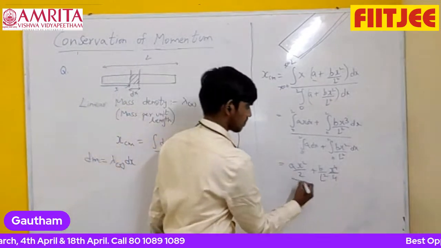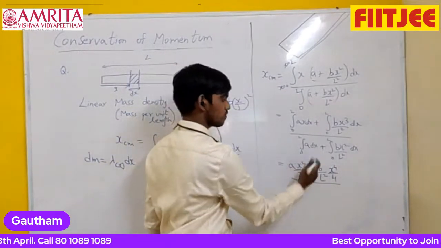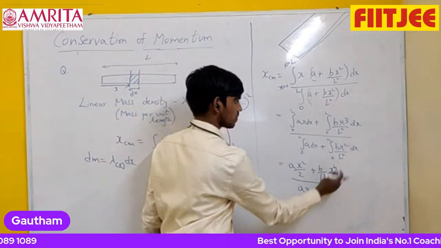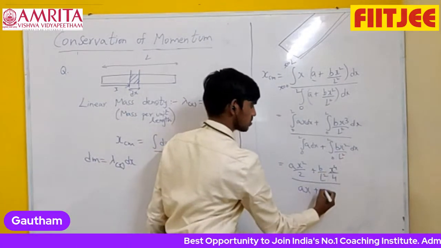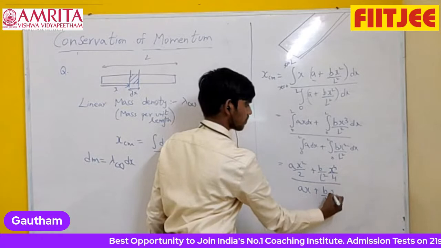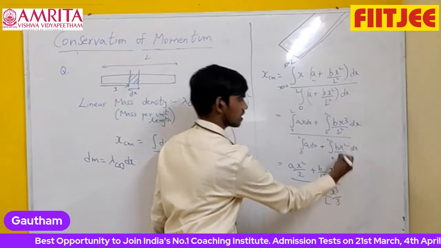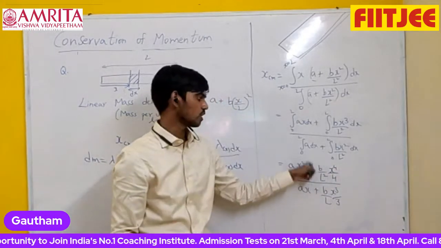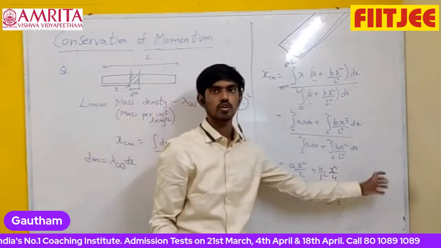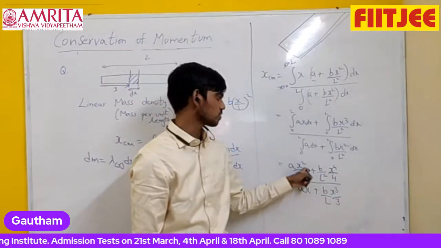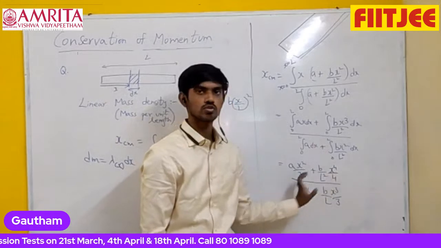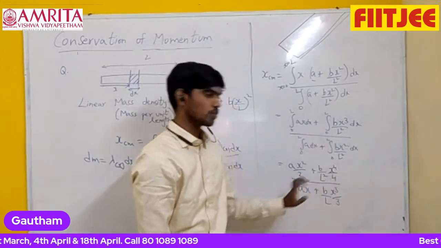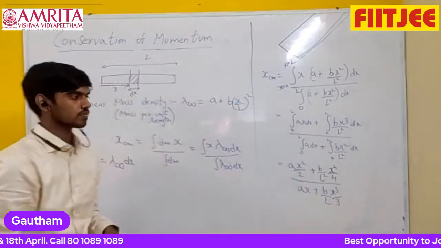This is divided by the denominator: the integral of dx is x, and the integral of x square with respect to x is x cube by 3. The limits are 0 to L everywhere, so upper limit value minus lower limit value. When we put the lower limit, everything becomes 0 and cancels. So we put the upper limit value and we get the final answer.